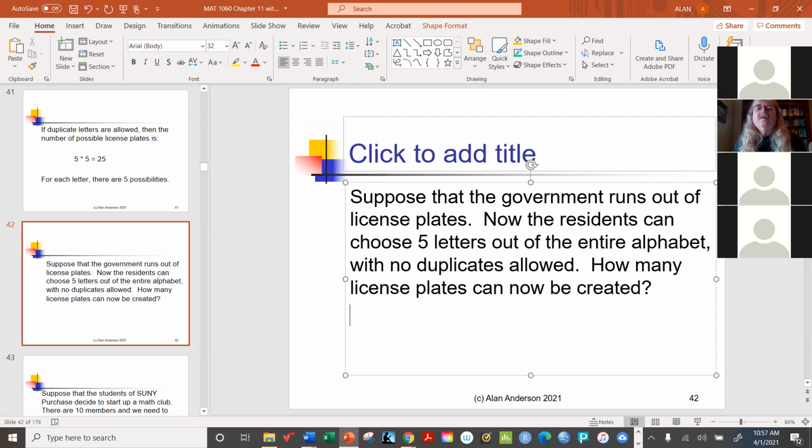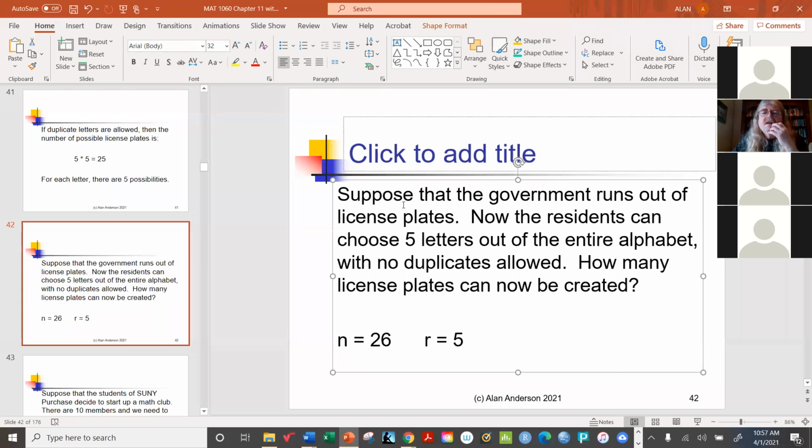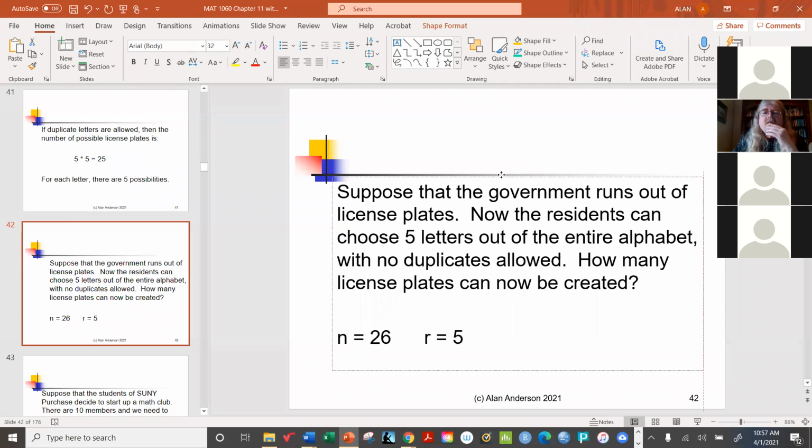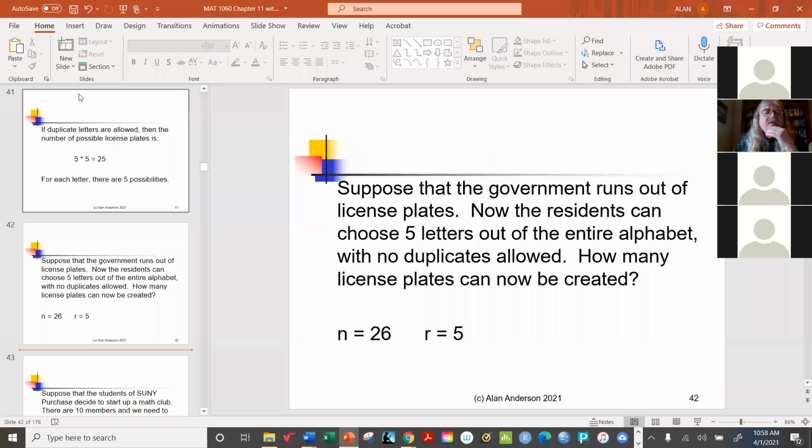Okay, so now N is 26 and R is 5. Now remember, no repeats. All right, no, we can't have any repeated values. So how many choices do we have? All right, well, we're going to use our permutation formula.